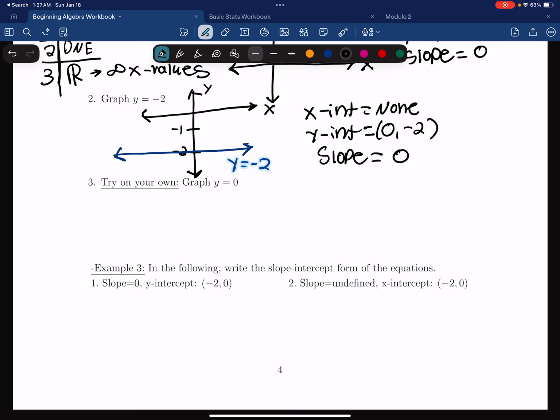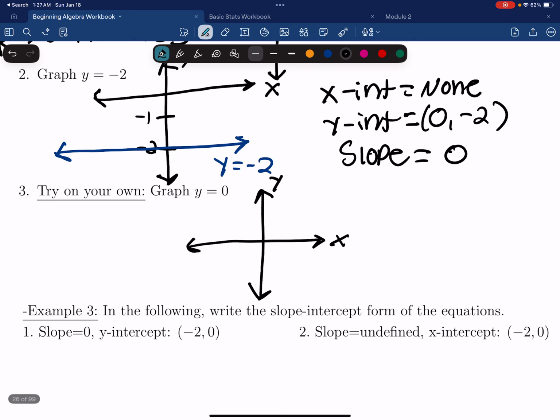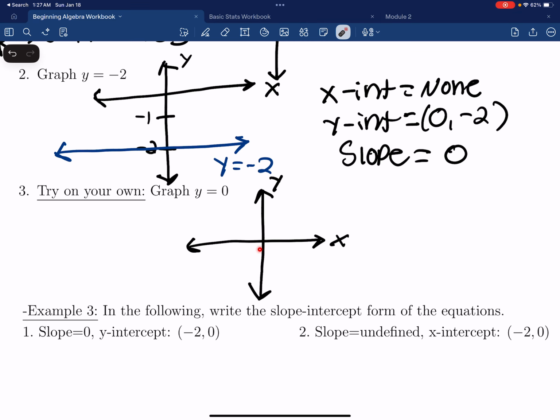And assuming you fully work through the problem on your own, let's go through it. So we're going to have our y-axis, and then we're going to have our x-axis. So we know when y equals 0, that's going to be at this point in the graph.